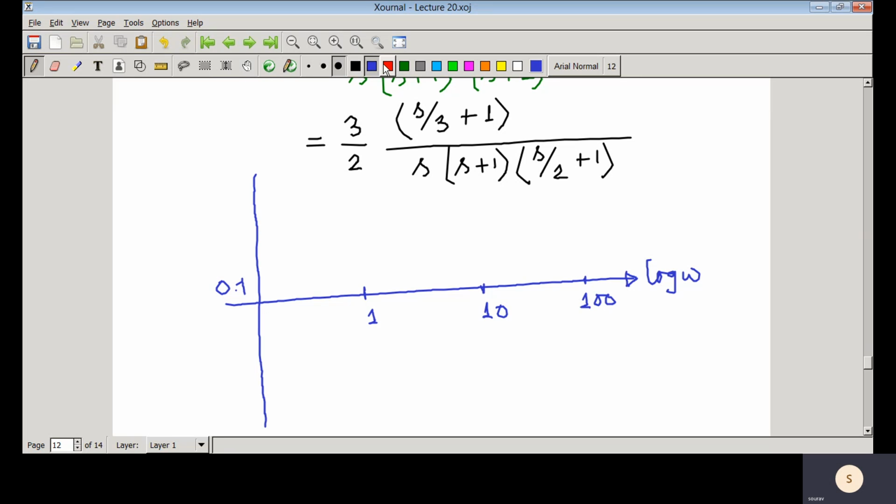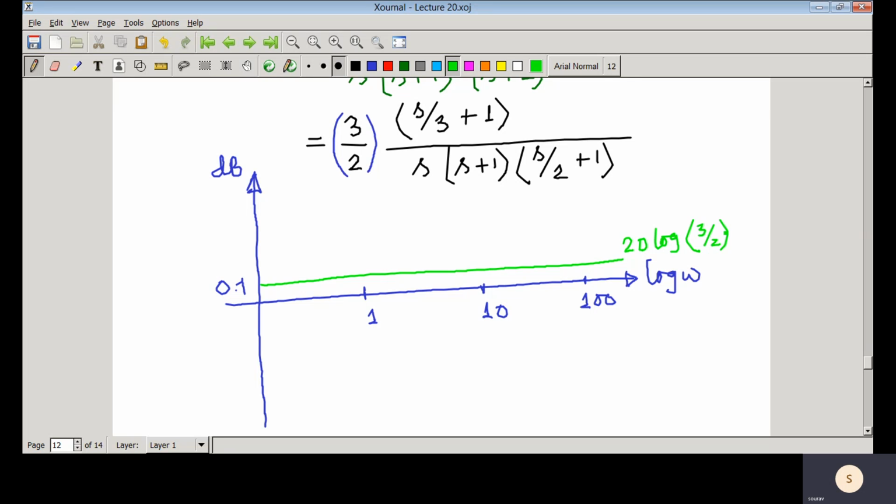So the first one is, if you look at here, so this is that gain, so that means one gain you would have, that is 20 log of, so this is in dB, 20 log 3 by 2. So 20 log 3 by 2, it is coming say nearly equal to 3.52 dB. So that means one line would be there which is like this, that is that 20 log 3 by 2.